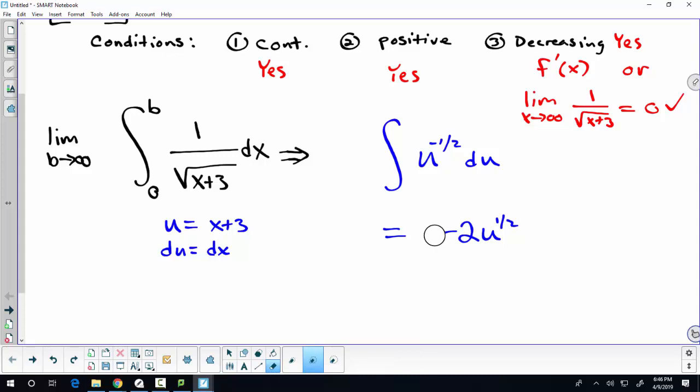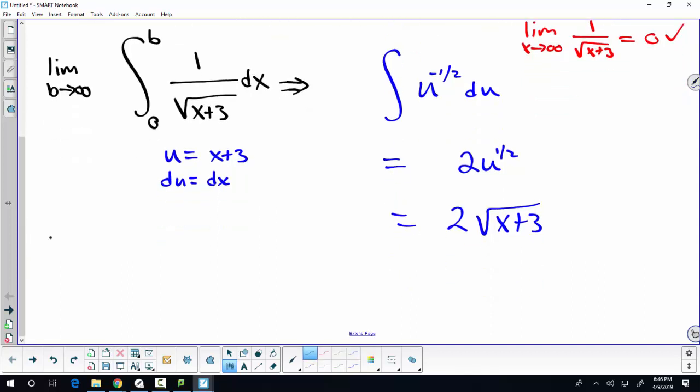And here again, since we're going to plug in bounds eventually, I wouldn't worry about the constant either. So that's our antiderivative, which gives us the function of x. Then I would just start here with that again. Just put this 2 up here.